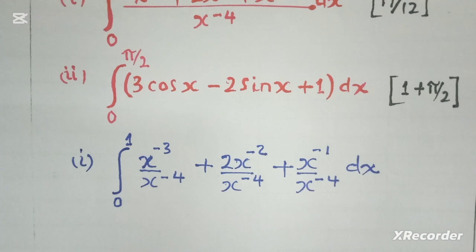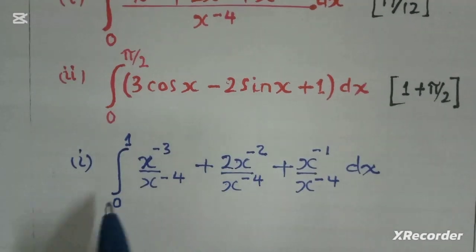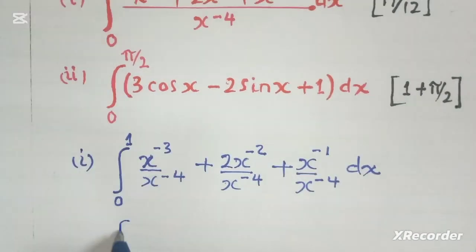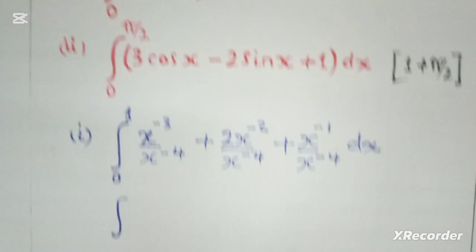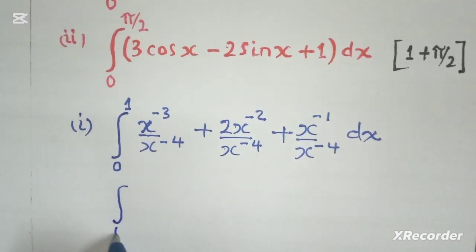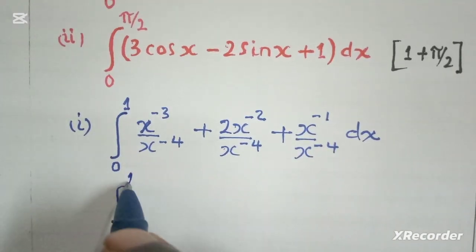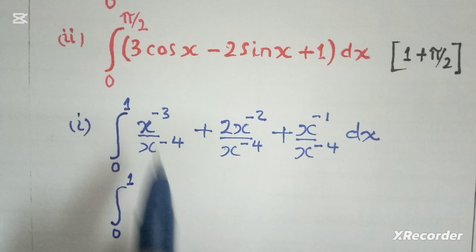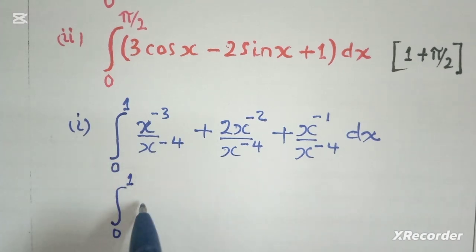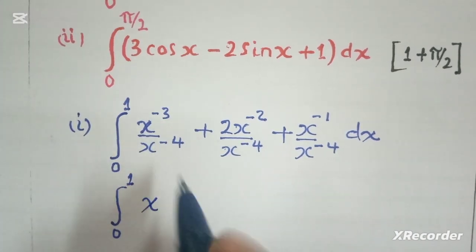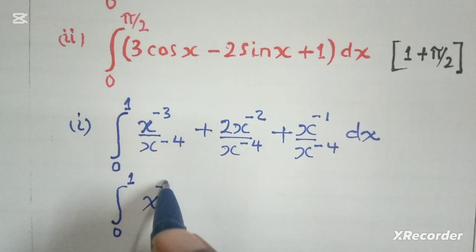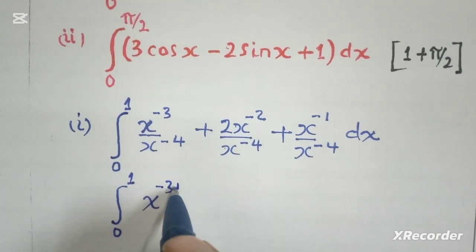So guys, from there we go now to the next step. Still integral from 0 to 1. We can divide that. That will give us x raised to negative 3 plus 4.